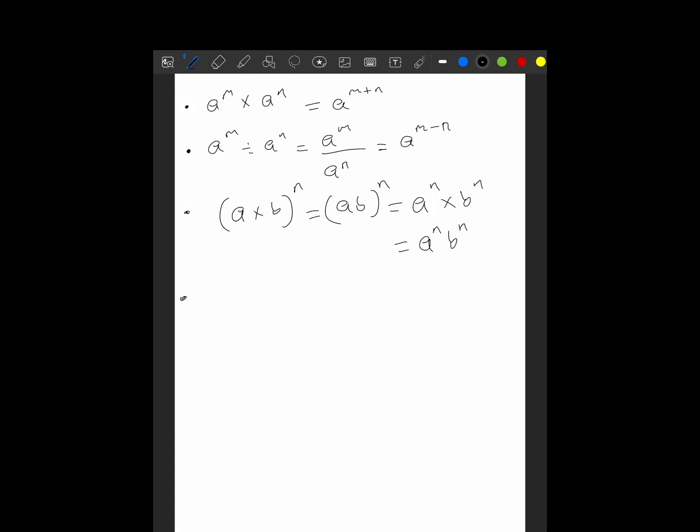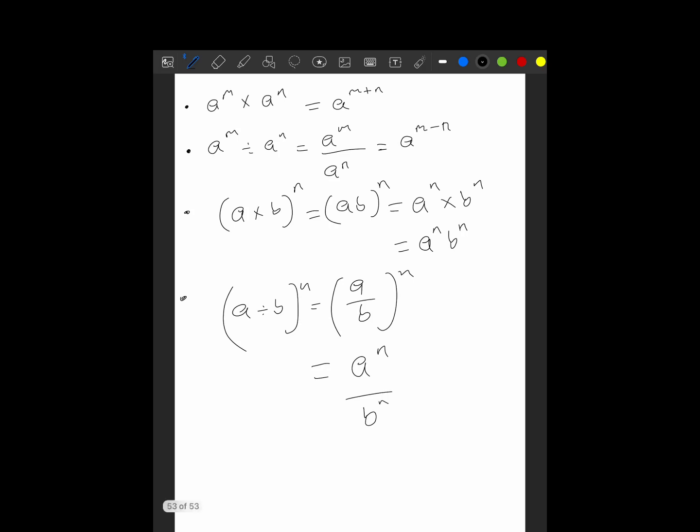Then another one, because now we're looking at multiplication, let's say you have division. So a divided by b power n, or a over b power n, could be written as a power n over b power n.